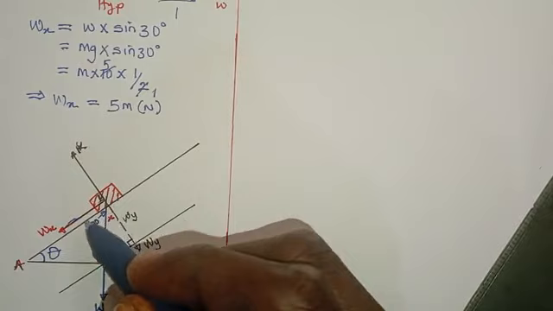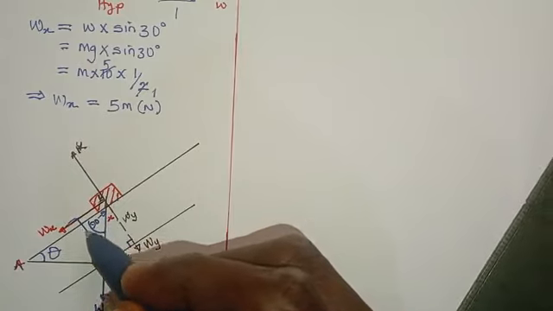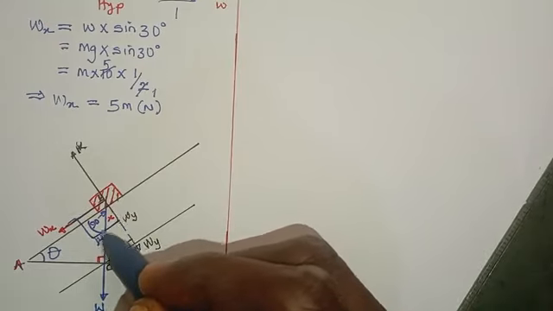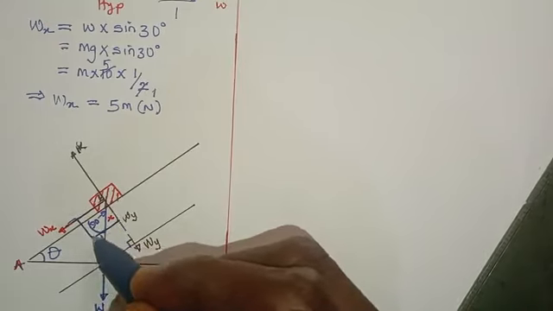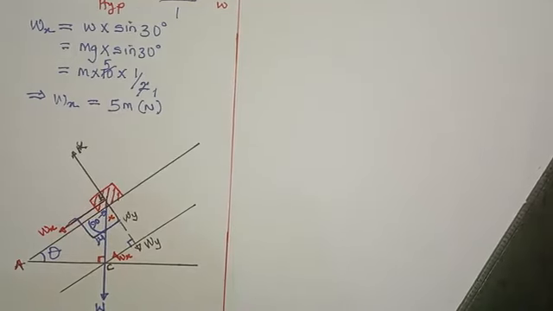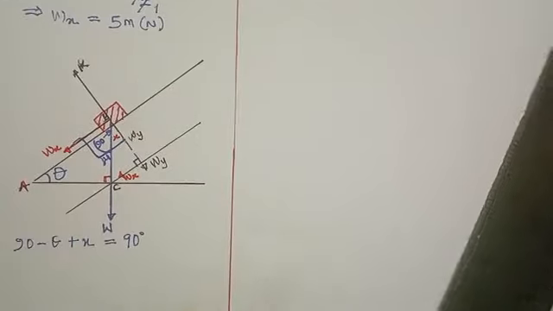So if it forms a right angle, it shows that from this to this is what? 90 degree. Angle 90 degree. Is that correct? So the sum of the angle is what? 90 degree. In that case, it shows that 90 degree minus theta plus x is equal to what? 90 degrees, sum of angle in a right angle, right?